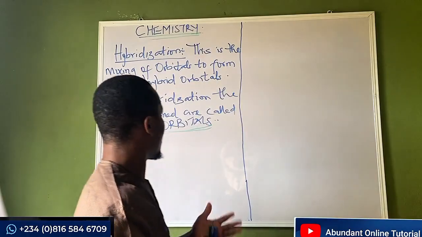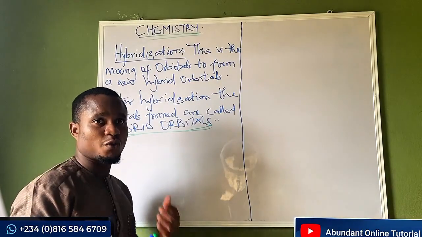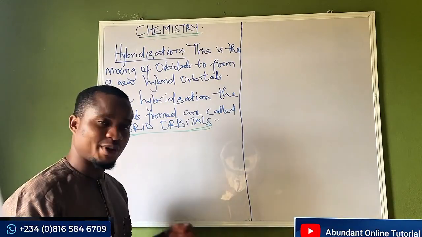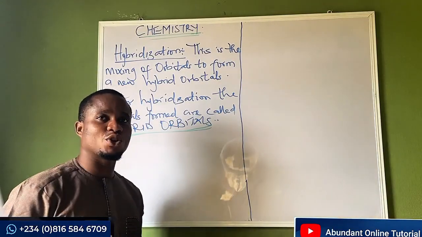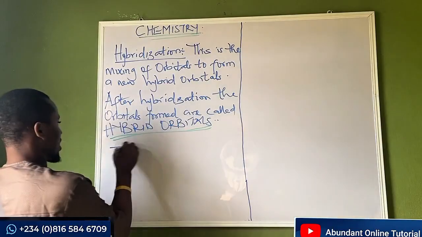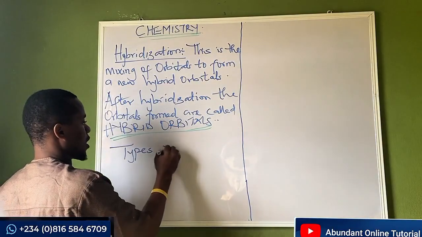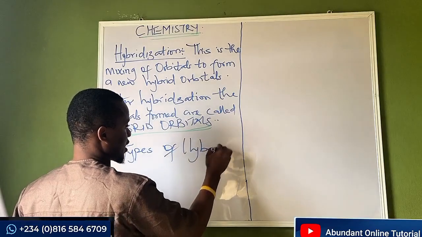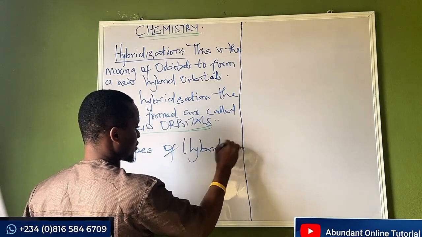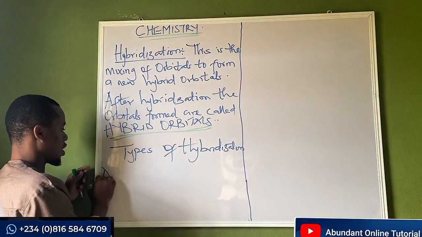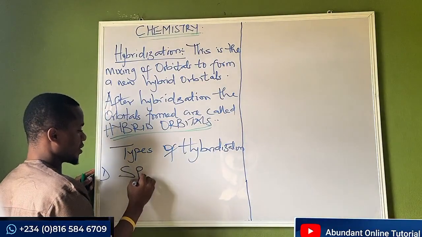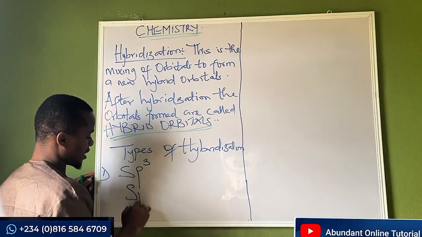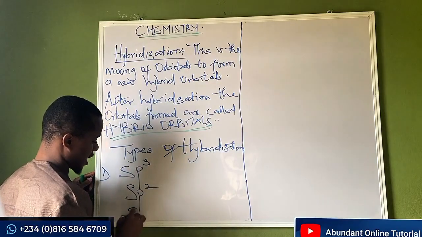When orbitals are being mixed together to form new hybrid orbitals, what do we refer to it as? Hybridization. So under hybridization, we also have its types. The types of hybridization: one, we have the sp3, the sp2, and the sp.